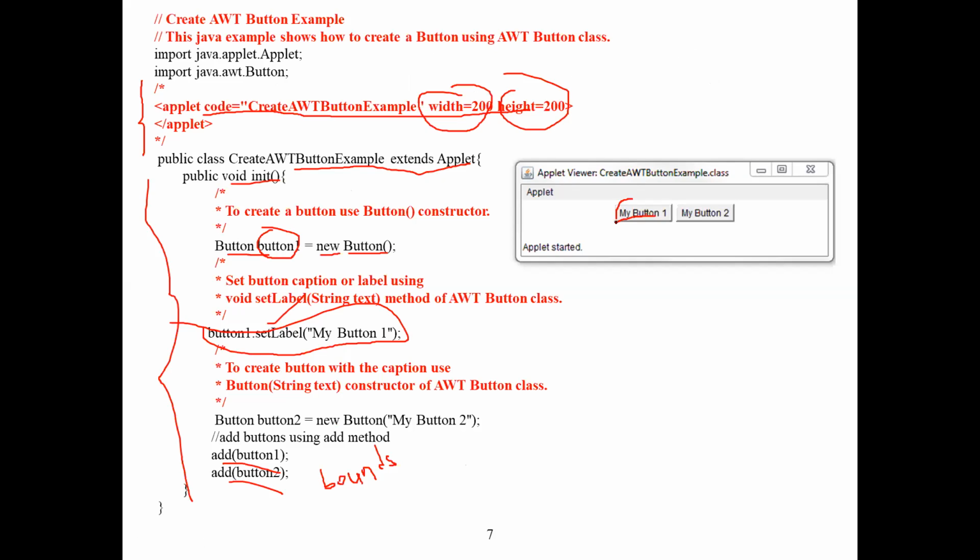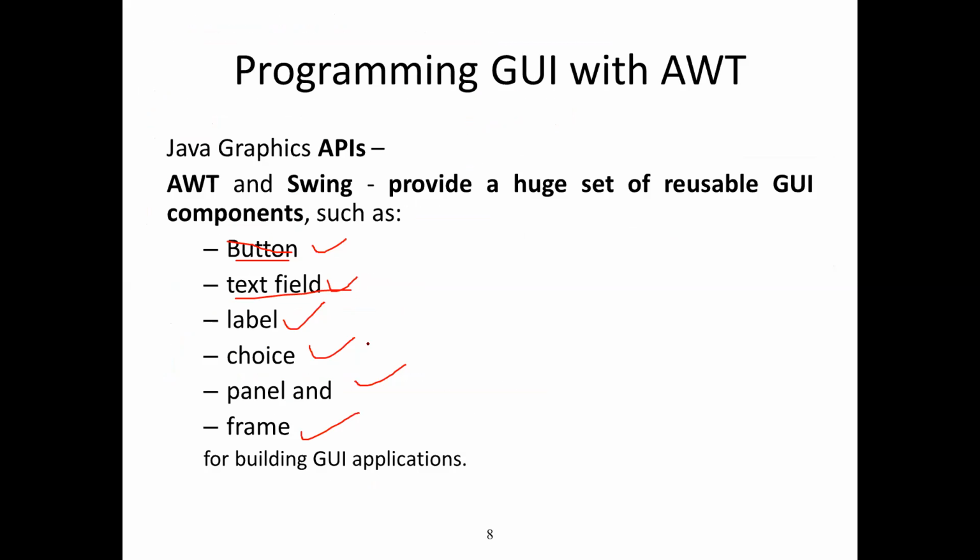On the button, there is a mention of what you want to print. Say suppose I want to print click on me. Then setLabel has to be written in double quotes, click on me. So a label is used for labeling a component. Only for that the label is used.